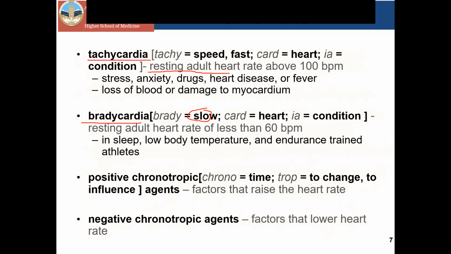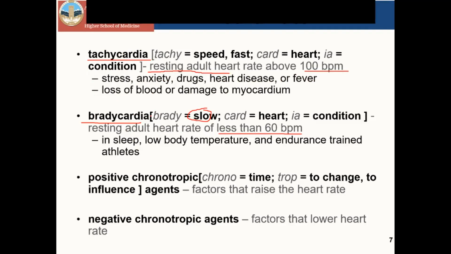Resting adult heart rate above 100 beats per minute is tachycardia, and resting adult heart rate less than 60 beats per minute is bradycardia. Examples for tachycardia: stress, anxiety, drugs, heart disease, fever, or loss of blood, for example hemorrhage. In hemorrhage, we also have tachycardia.